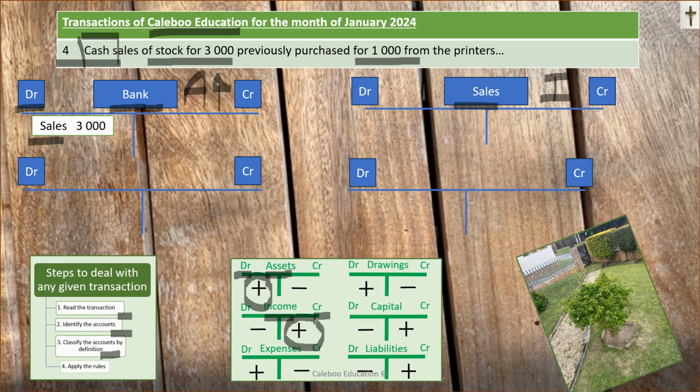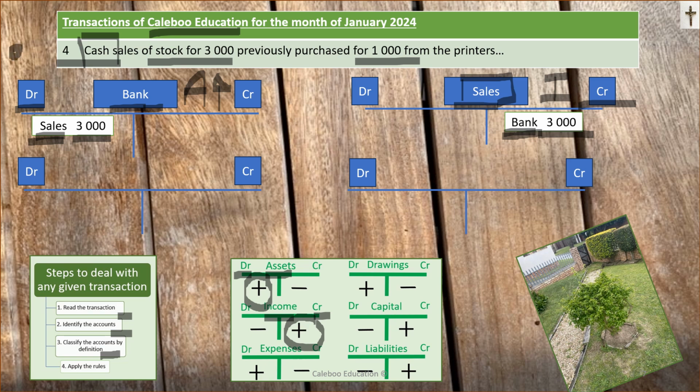So in the bank account, the other account is sales, and the amount is 3,000. So bank was debited, and sales is credited. The entry goes on the credit side, and the name of the other account is written under details. The other account, in this case, while we're looking at the sales account, is bank, and the amount is 3,000.